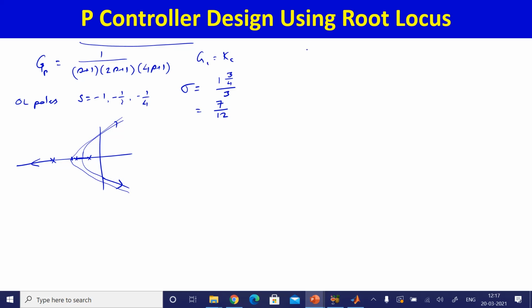Now we want to design a controller for a closed loop damping coefficient of 0.5. A closed loop damping coefficient of 0.5 implies that the angle that is subtended by the dominant root, and I'll call this angle phi, cos of phi should be equal to 0.5, which implies that phi is equal to 60 degree.